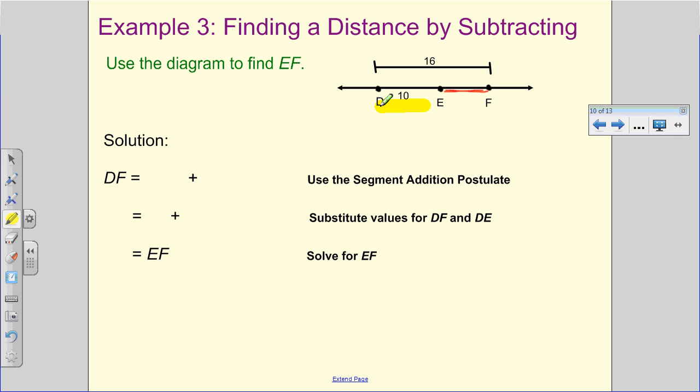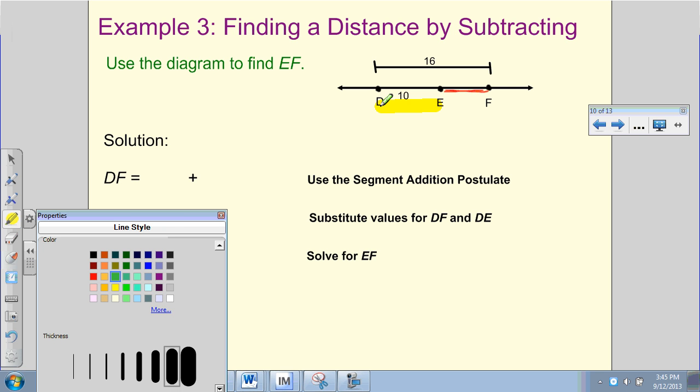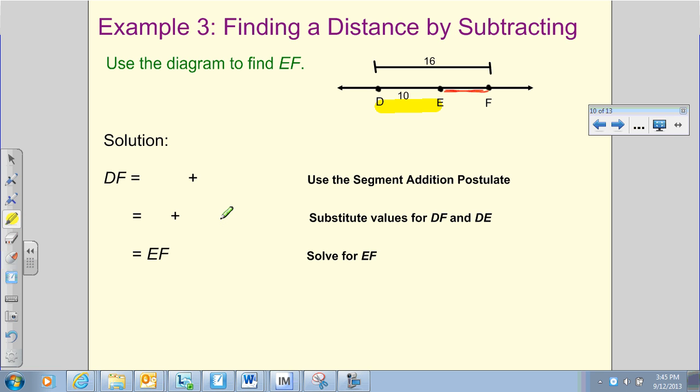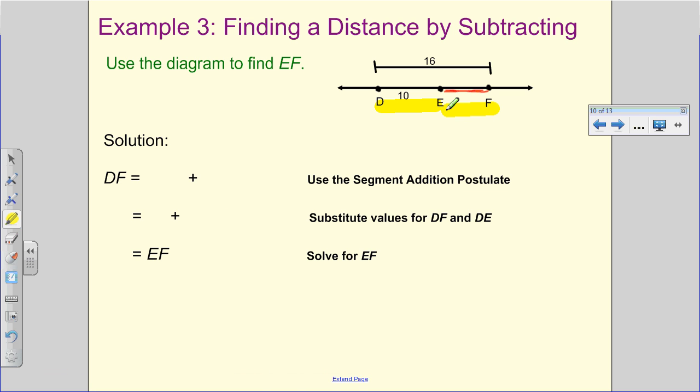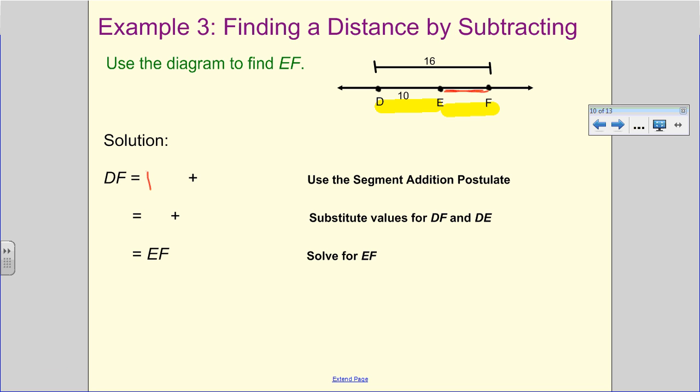We have these 2 small segments here, and here to add together. So when we look at that, DF from D to F is made up of DE and EF.